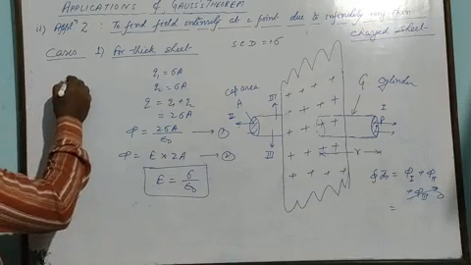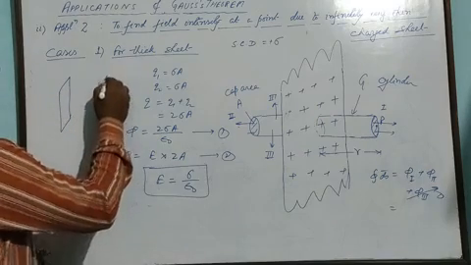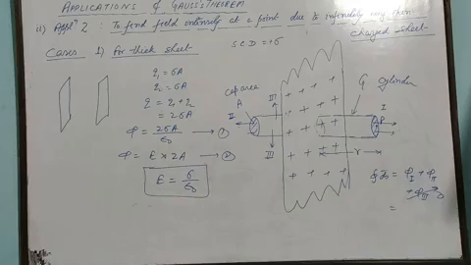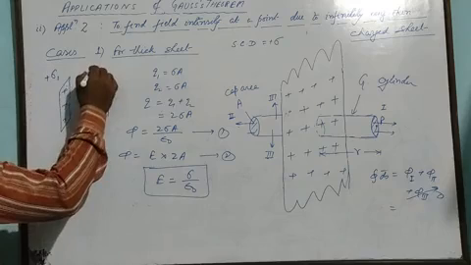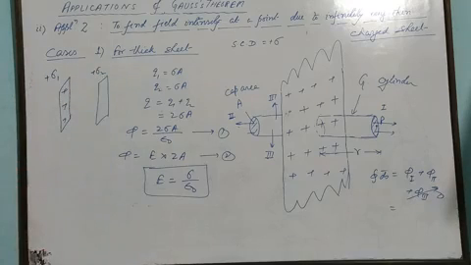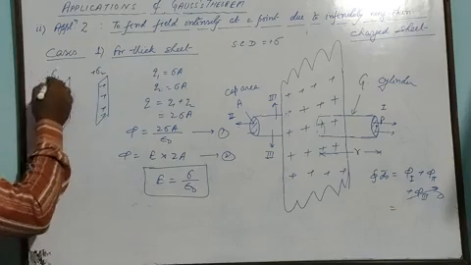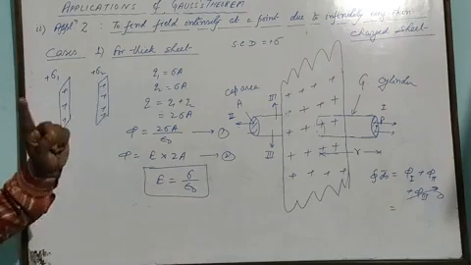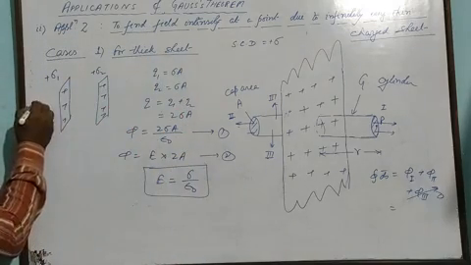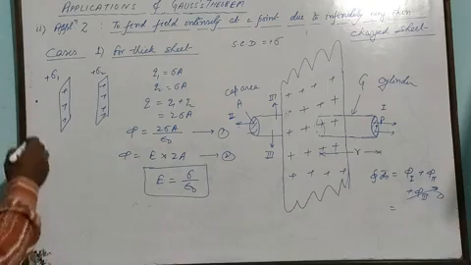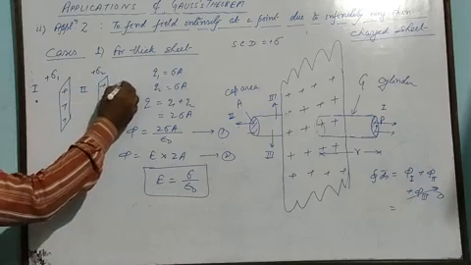Now the question may be asked to you that if two thin charged sheets are there, one having surface charge density plus sigma 1, another having plus sigma 2, and anybody asks you, the surface charge density of the two different sheets is different, they are parallel to each other, and you are asked to find the field intensity here, you may take zone 1, zone 2 and zone 3.